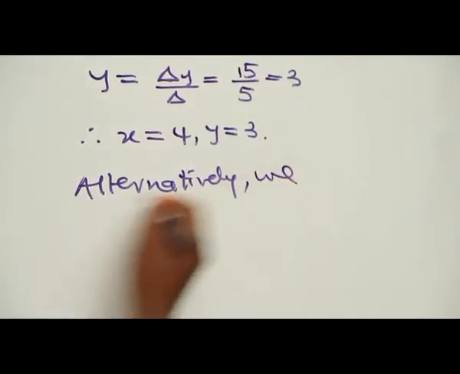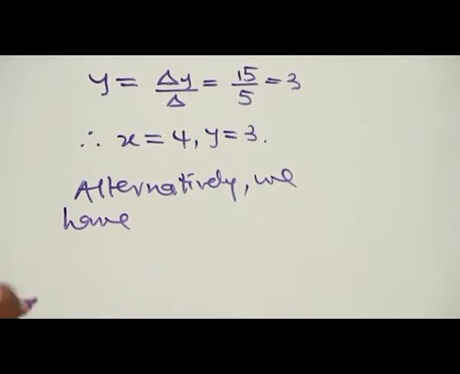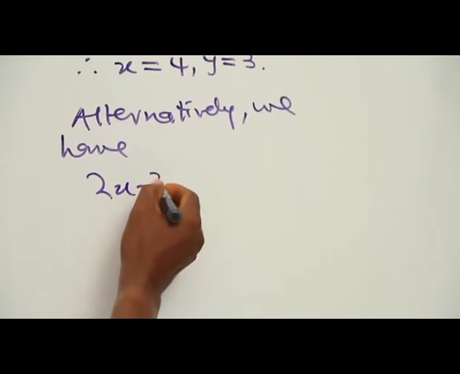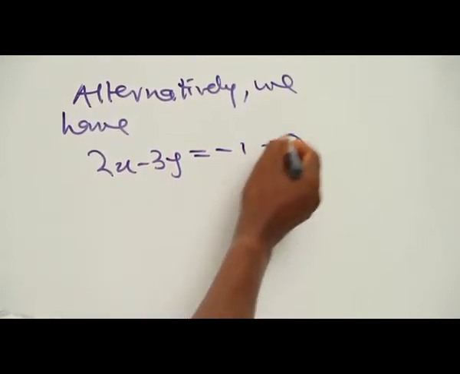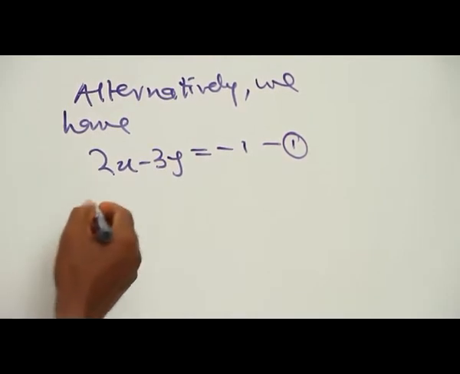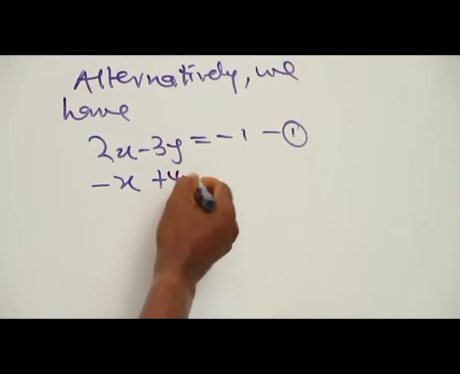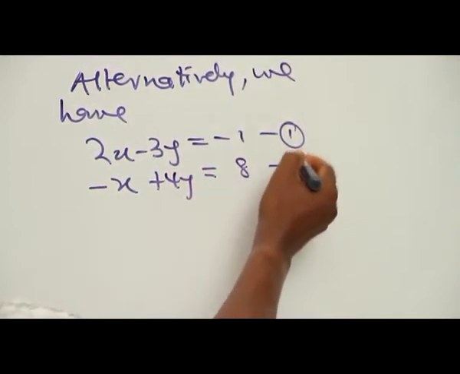Alternatively, we have multiplying out the matrix. You have 2S minus 3Y equal to minus 1. Call this equation 1. And you have minus S plus 4Y equal to 8. Call this equation 2.